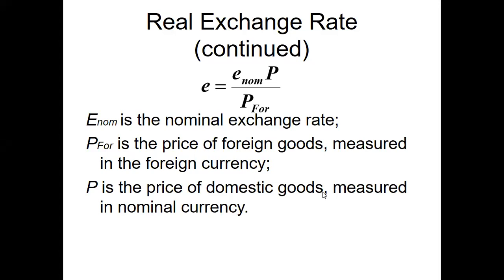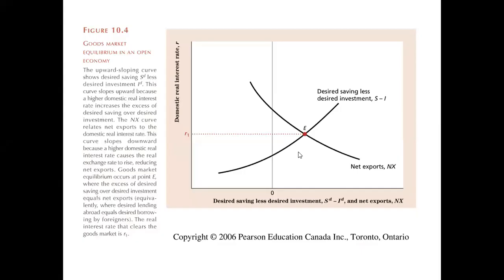And we can see here that E, the real exchange rate, is directly proportional to our nominal exchange rate, or vice versa. That's one thing that we should remember as we go along with our discussion. And going back, there is again a direct relationship between our domestic real interest rate and the real exchange rate.